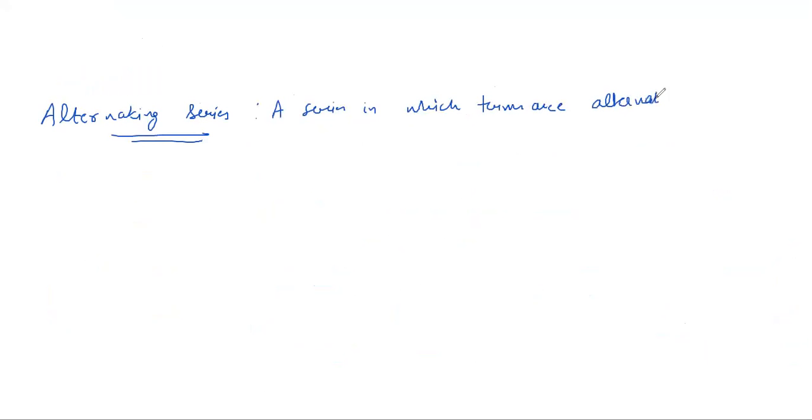So let me give you the formal definition of an alternating series, right? The definition is: a series in which the terms are alternatively positive and negative is called an alternating series.